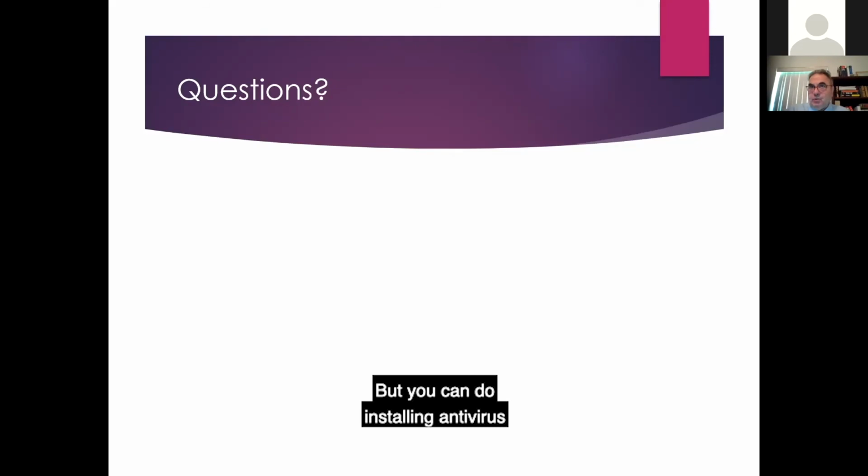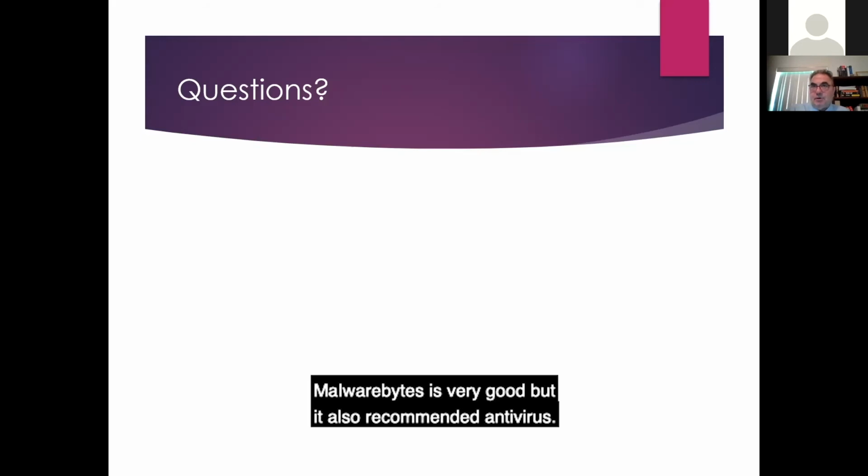But you can install an antivirus, and then you can also install a product like Malwarebytes. Like I say, most systems are smart enough that they're not going to let you do something that's going to destroy your system. Malwarebytes is very good, but I'd also recommend an antivirus. And I try to stay away from the free ones. They're not going to give you all the good stuff that the paid ones are.